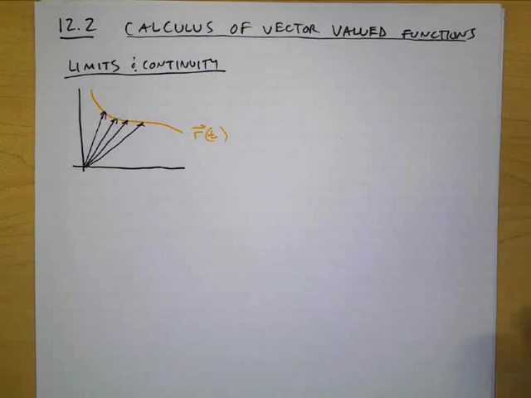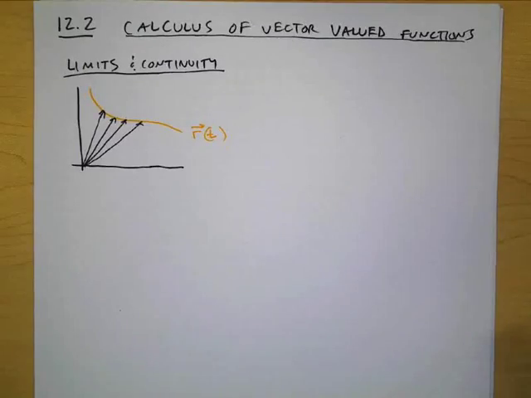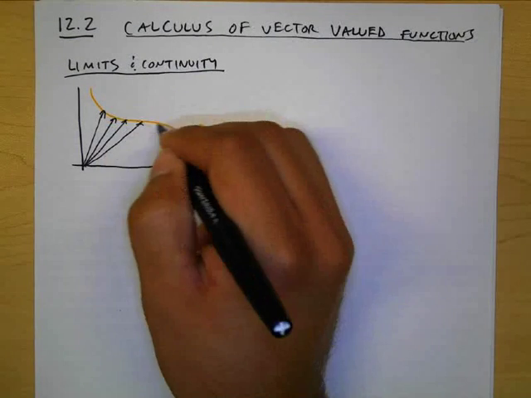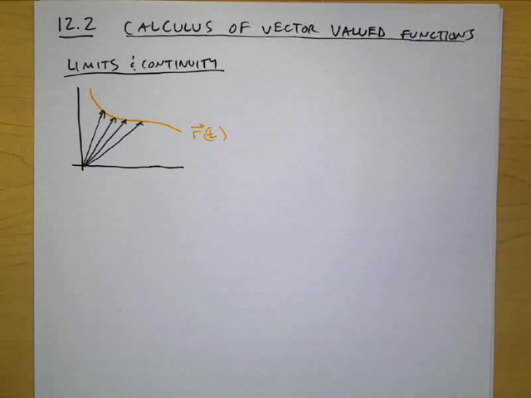Why are you using r like the vector on t? That's what the yellow curve is, r of t. It's a vector valued function. It's not a vector. Why would you use a vector valued function versus just a normal function?